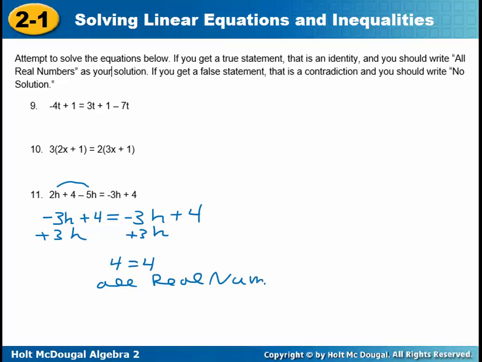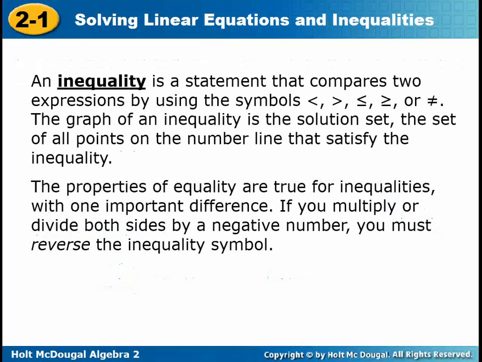If you get different things on both sides, if you end up with something like 2 equals 3, then your answer is no solution. But you can still do your steps and solve the equation just like you normally would. It's just at the end, when you look at what you have for a result, that's when you would write either no solution or all real numbers.